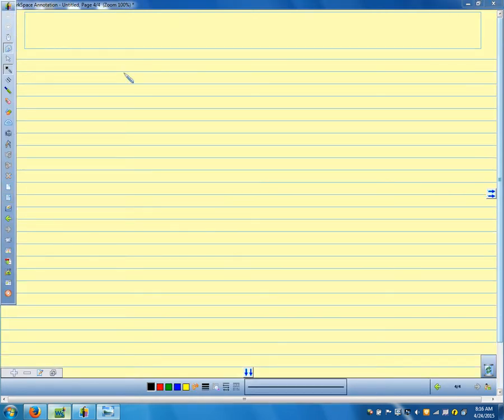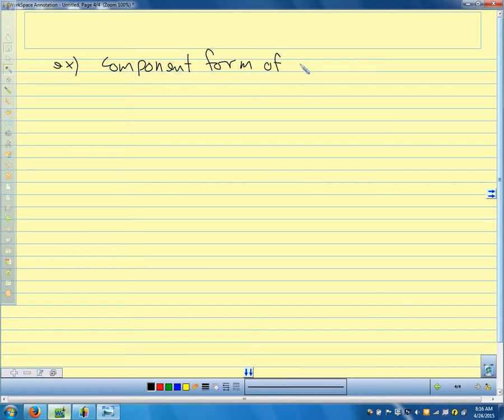All right, so our example. We'll start easy. We want the component form of the vector from 2, -4, 1 to the point 5, 7, 0.